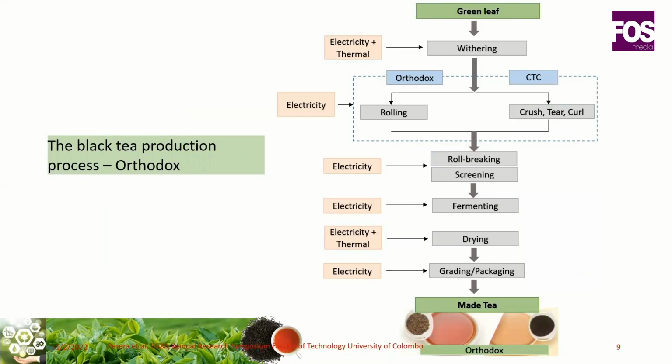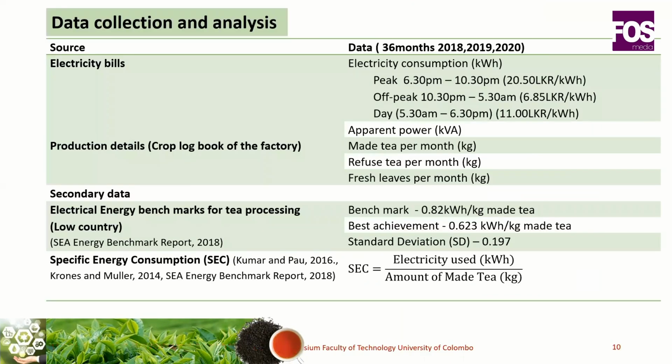Here is the process flow that we considered for the life cycle assessment, and inventory data was gathered following these steps mainly. At each and every step, the materials, type of energy, and the amount of energy used were taken into account.